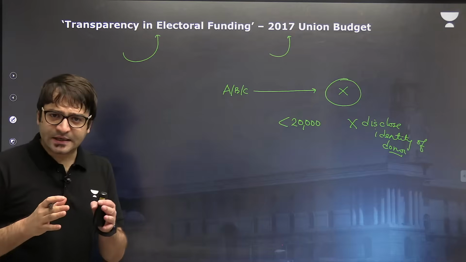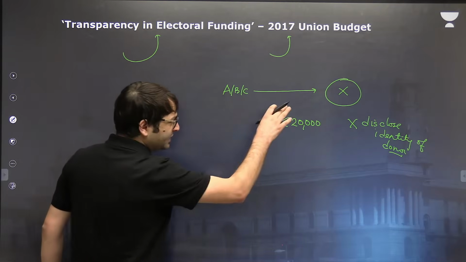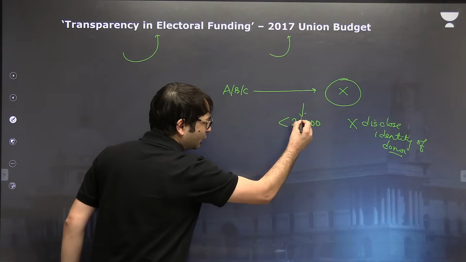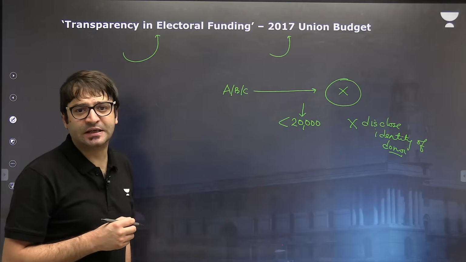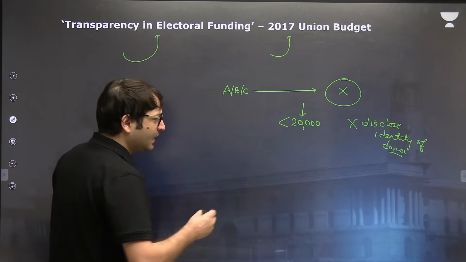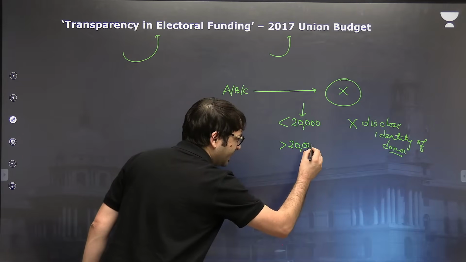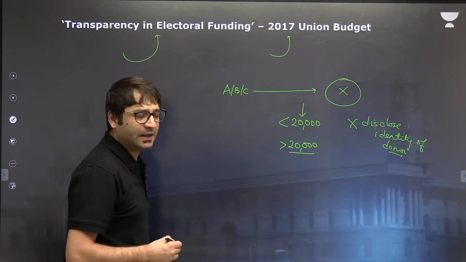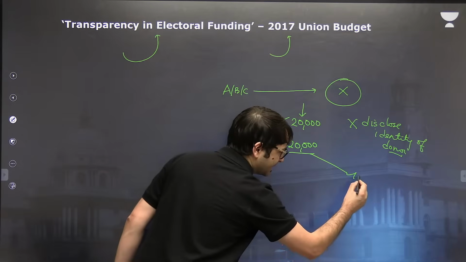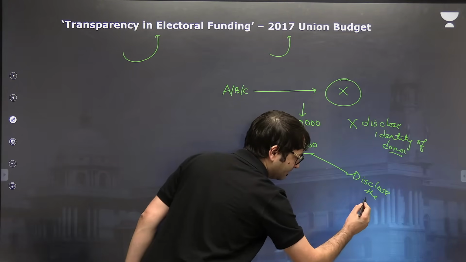So if political parties are receiving less than 20,000 in donation from such entities, you don't need to disclose the identity of the donor. But if the political party receives more than 20,000 as donations, the political party shall disclose the donor.